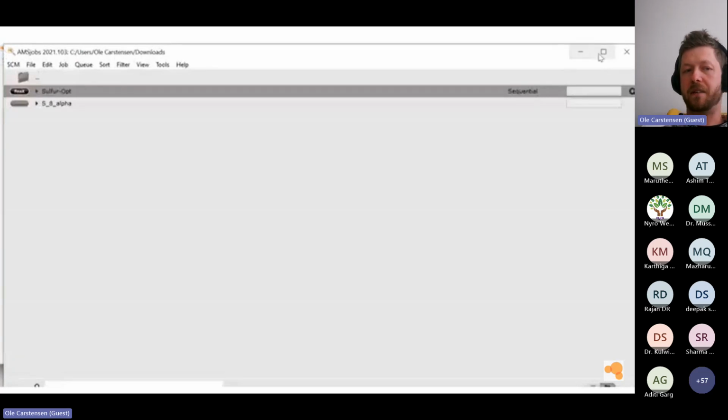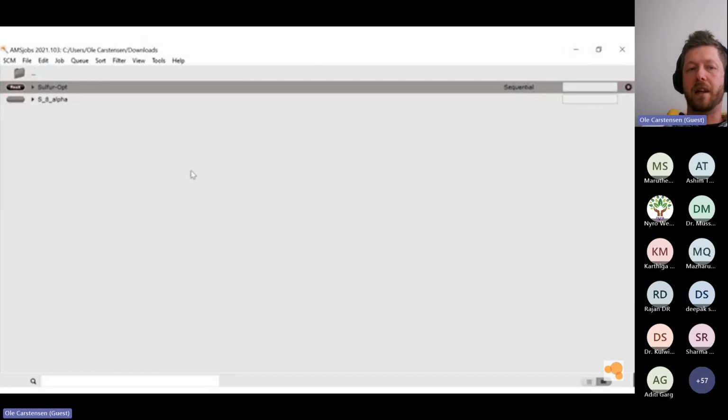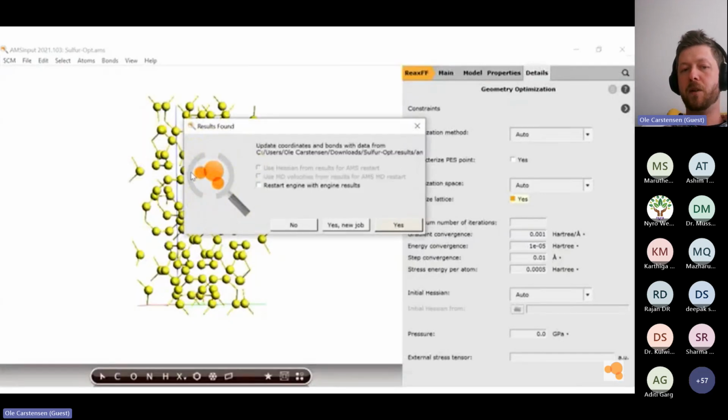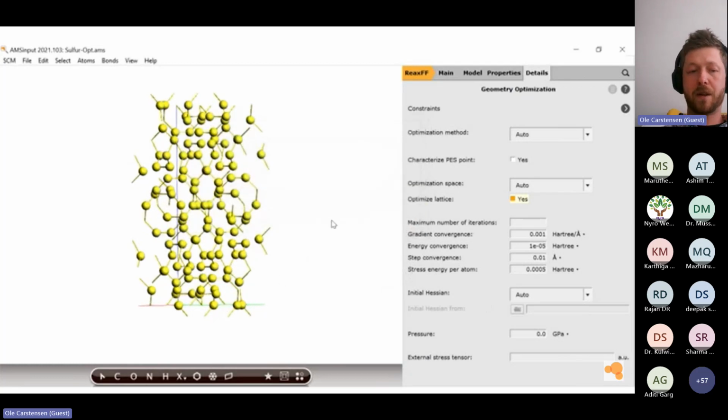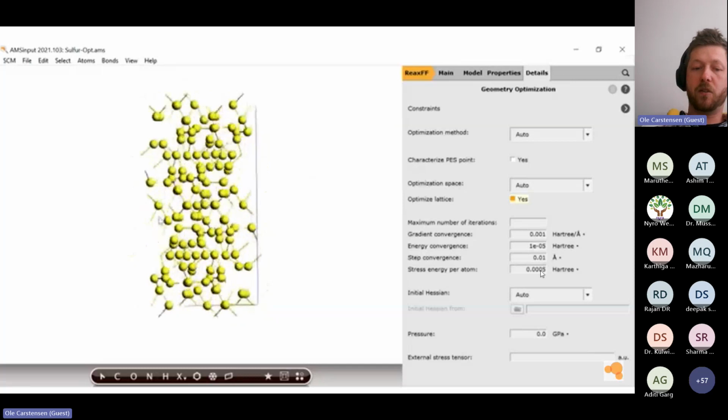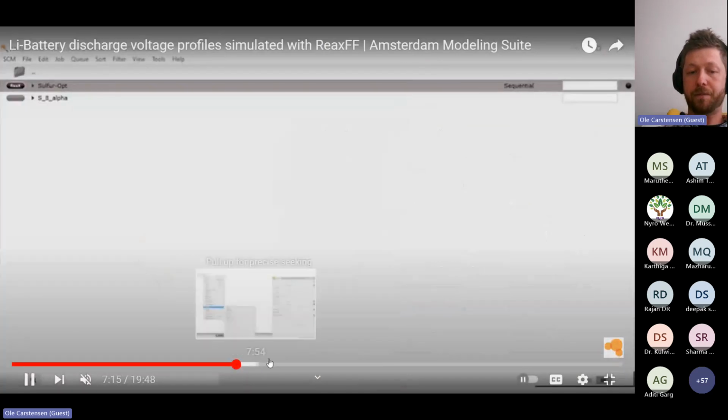You can also automate all these things. This was just a geometry optimization, and the geometry was already good, so it's fairly well converged. Once it's done, it asks you if you want to update your structure.